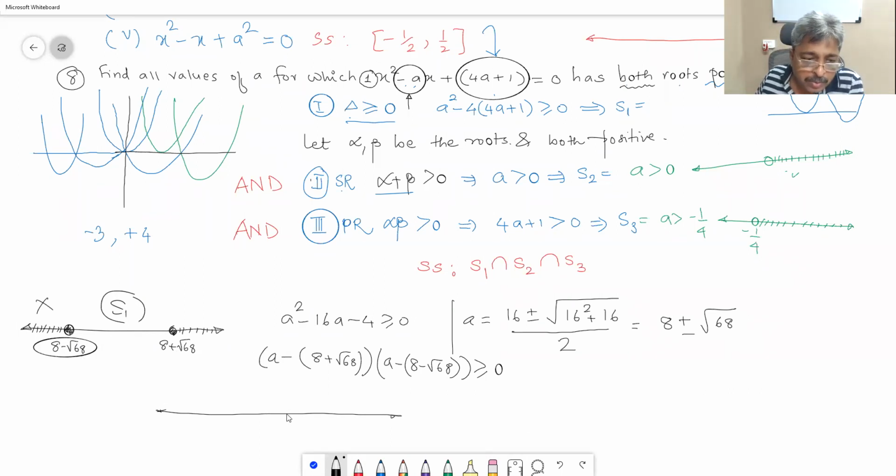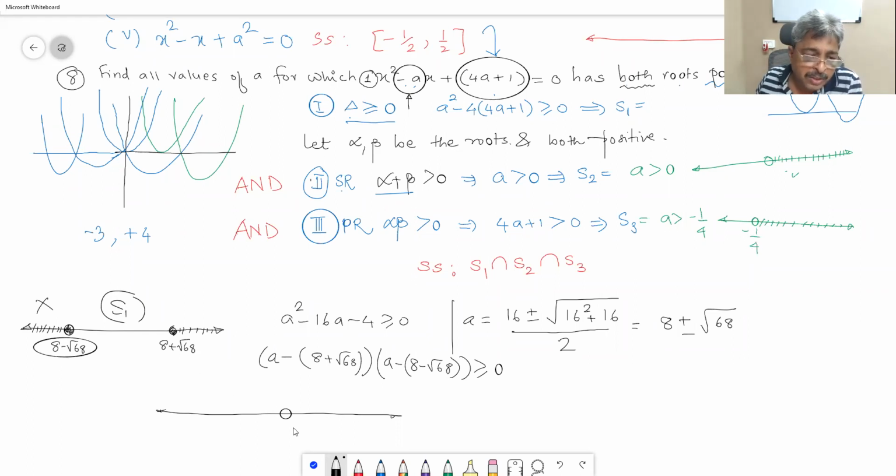So we have 8 plus root 68, and what is it that we have to compare? 8 plus root 68 is definitely going to be greater than 0. Therefore, 0 is greater than minus 1 upon 4.